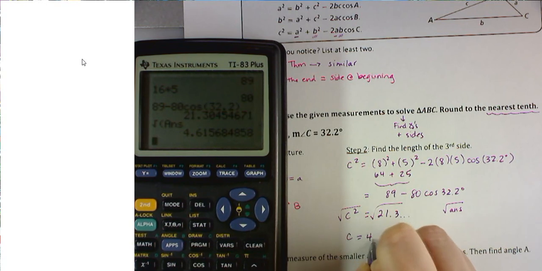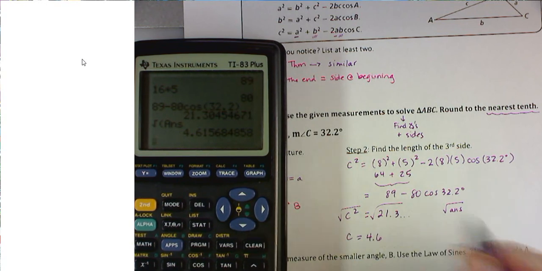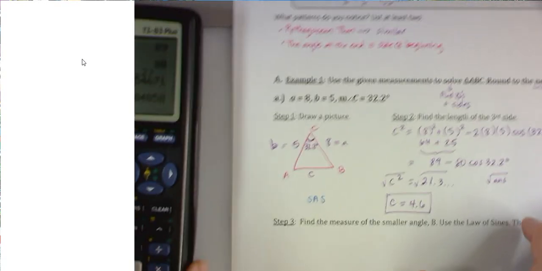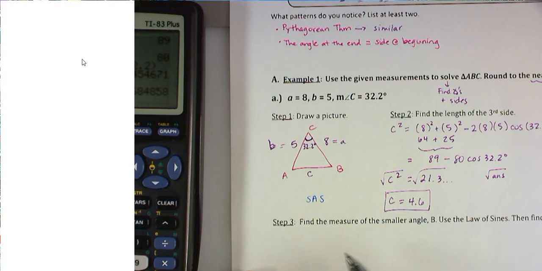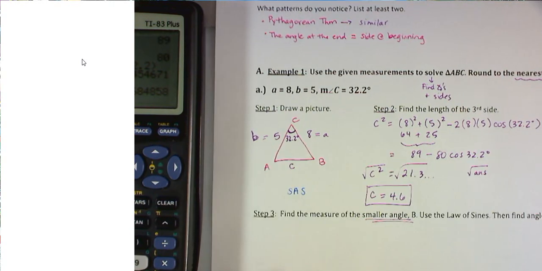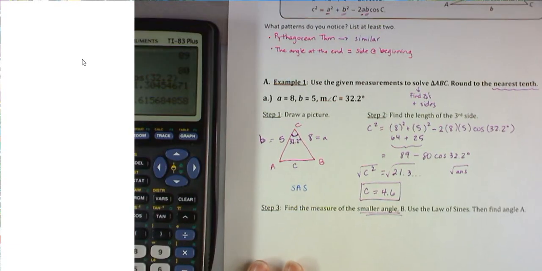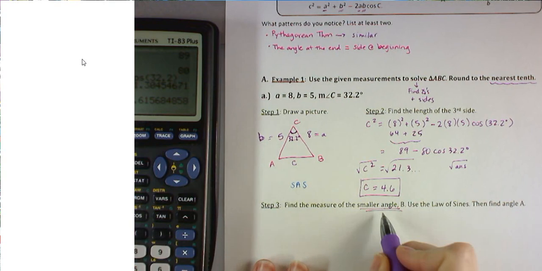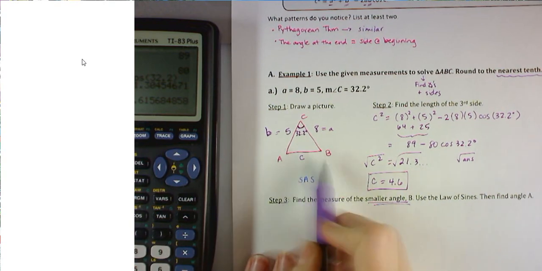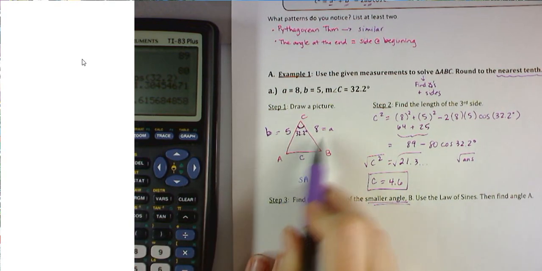Now, once you know what c is, now you can use the law of sines. What you would want to do is find the measure of the smaller angle first. There are certain orders that you want to find these in to avoid the ambiguous case. And how would I know that angle B is smaller than angle A? That's because the side length of b is smaller than the side length of a.